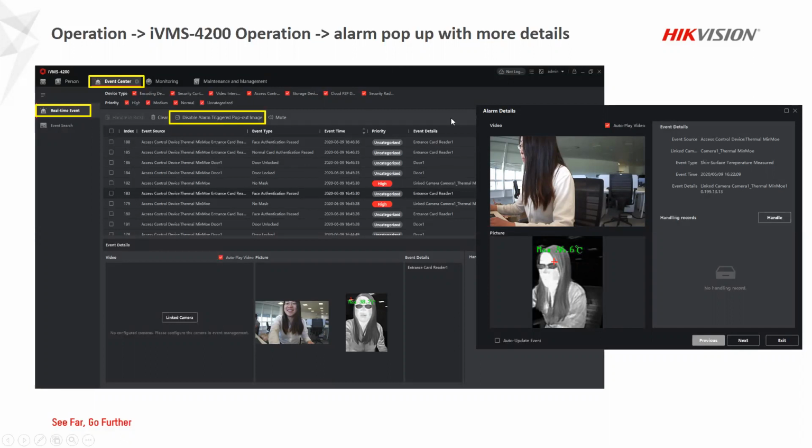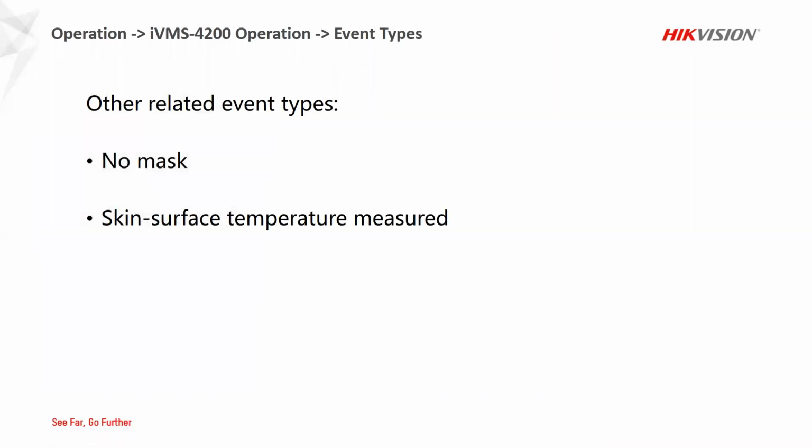And for this pop-up, you can see if at the same time there are multiple alarms, it will also give you an option to go next or previous to see all the different alarms. For all the events related to the thermal mode, we also have the no mask events and the skin surface temperature measured events.